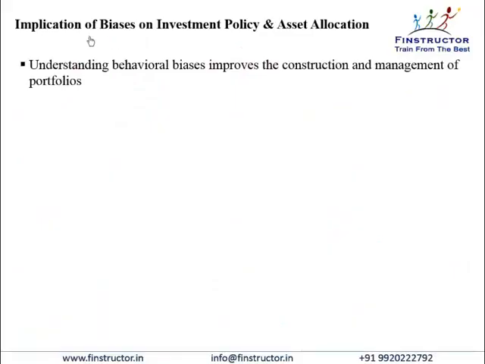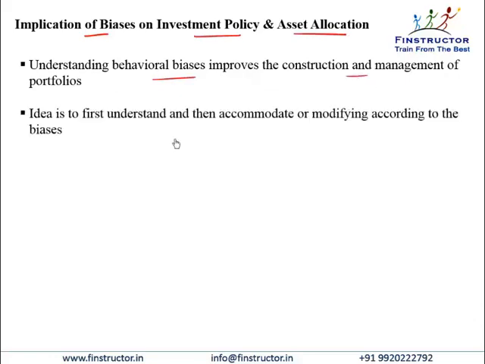So what is the implication of biases on investment policy and asset allocation? Understanding behavioral biases, first of all, improves the construction and management of portfolios. The idea is to first understand the bias, make the investor himself understand and explain his biases, and then accommodate the bias in the portfolio or modify according to the biases, as we'll see in the coming slide.